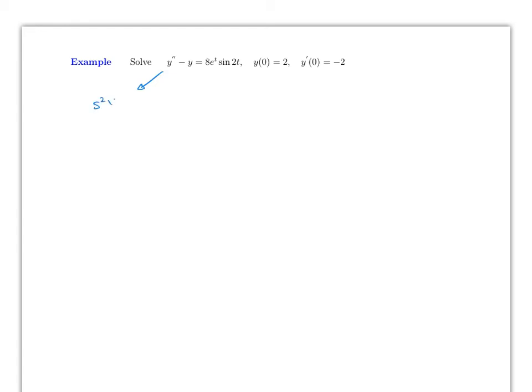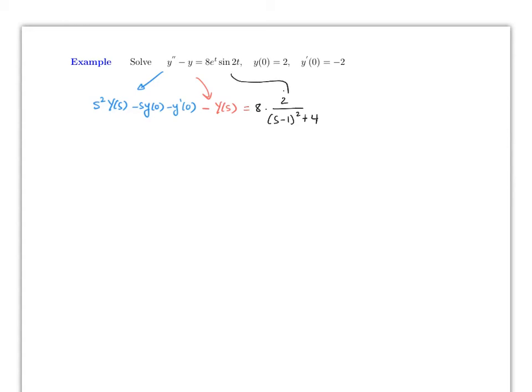This will be s squared capital Y of s minus s y 0 minus y prime of 0. And this one is going to be minus capital Y of s. Now, if we use the table, the Laplace transform of this one will be 8 times 2 over s minus 1 squared plus 4.